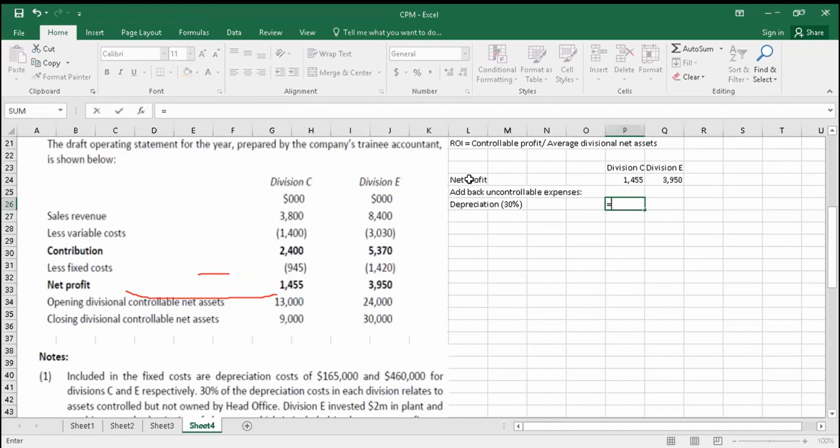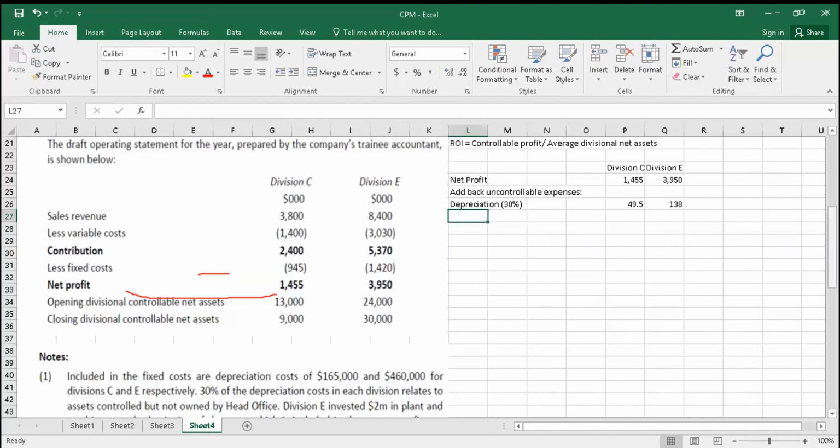Here we have it as 165 into 30%. Here we have it as 460 into 30%. This has to be added back.